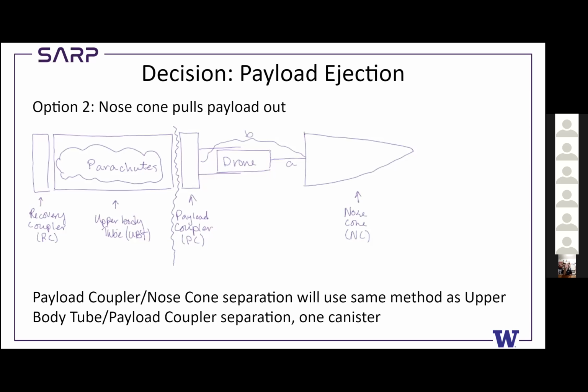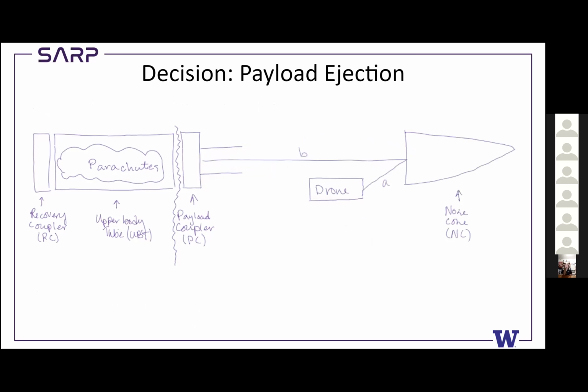Another option is for the nose cone to pull out the payload. In this case, there would be a line between the drone and the nose cone, which would be shorter than the line between the nose cone and the payload coupler. That's a little bit further along.